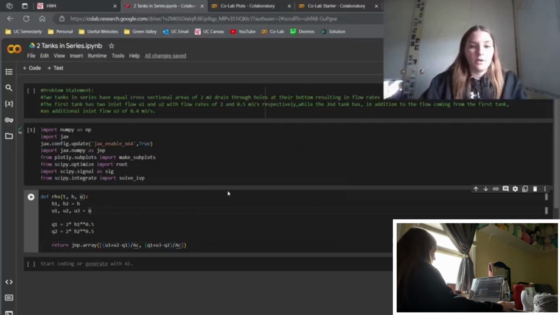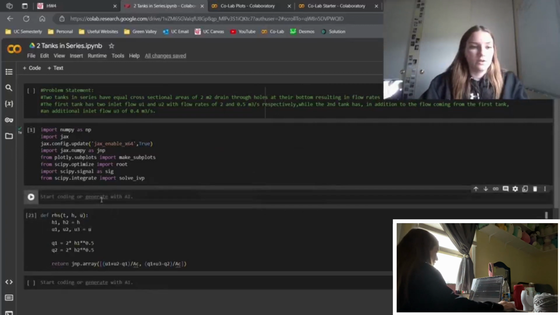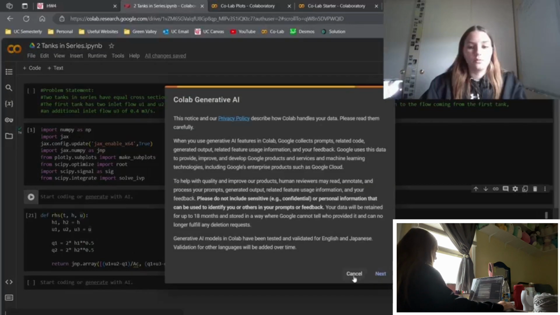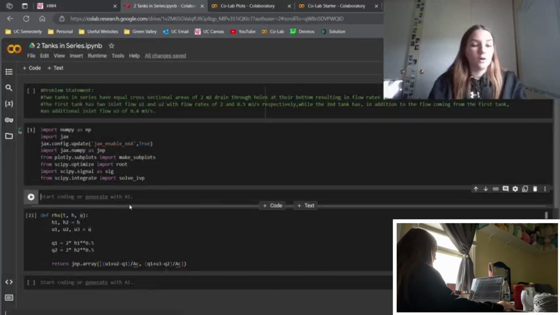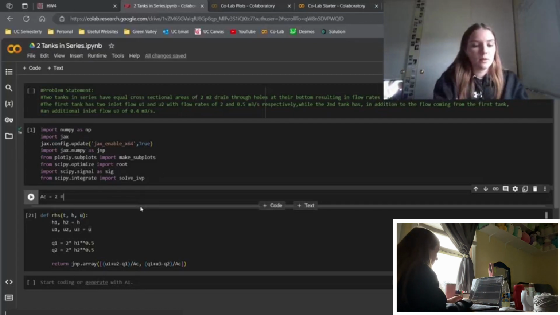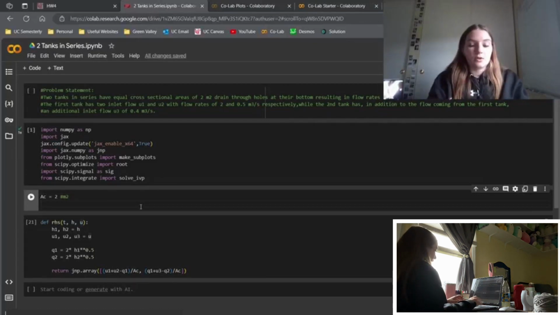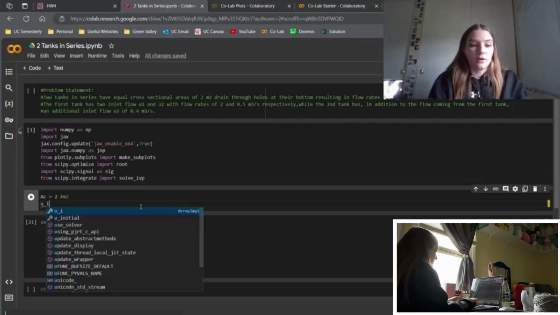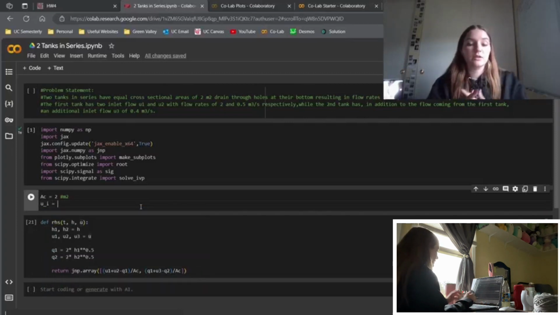And our code's yelling at me a little bit because I forgot to initialize our variables. So we are going to do our cross-sectional area is equal to 2 meters squared. And we also need to initialize our U values at the beginning.